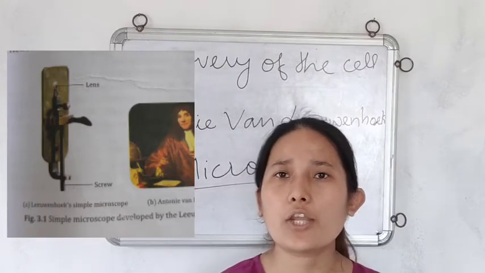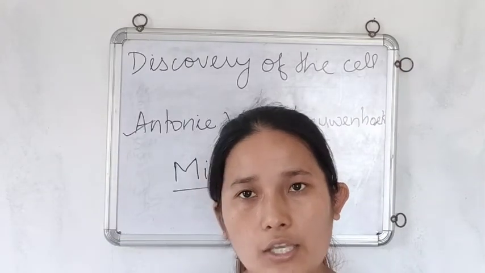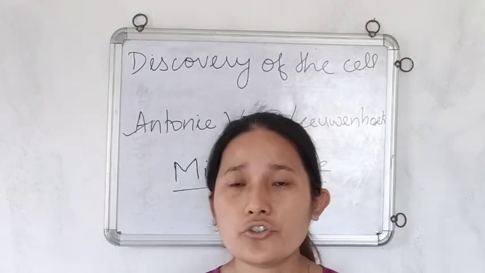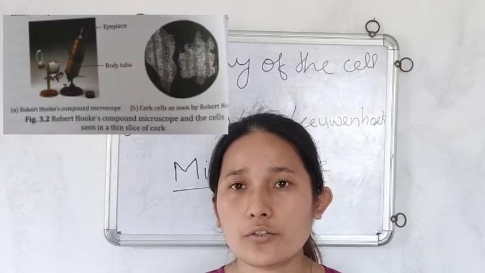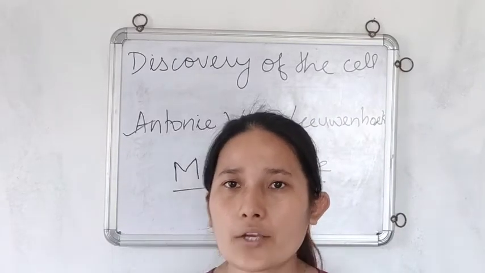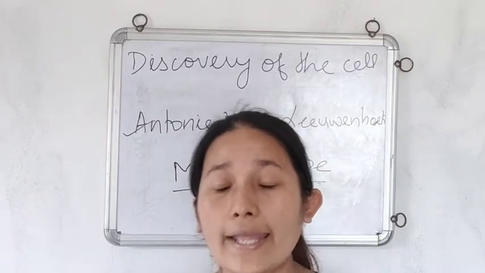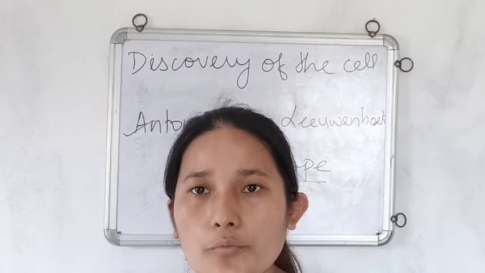So his microscope was very simple because it was just a single lens. Then came another scientist, Robert Hooke. He invented the compound microscope. So your simple microscope was invented by which scientist? Antony van Leeuwenhoek, and the compound microscope was invented by Robert Hooke.